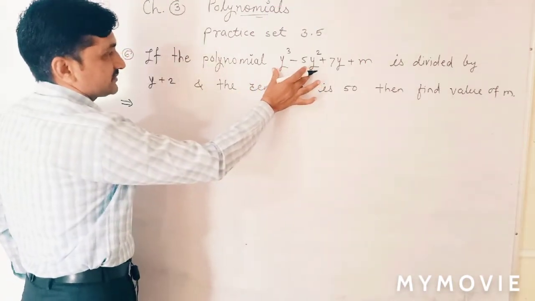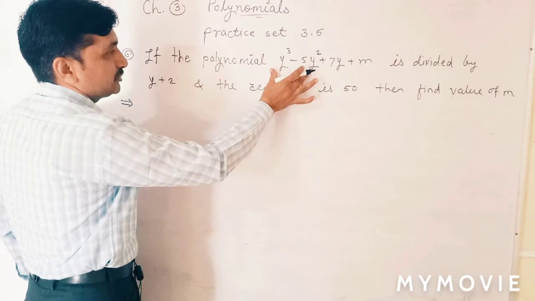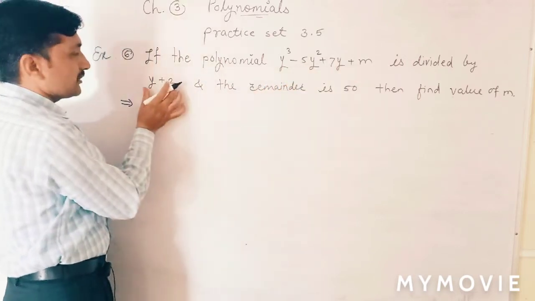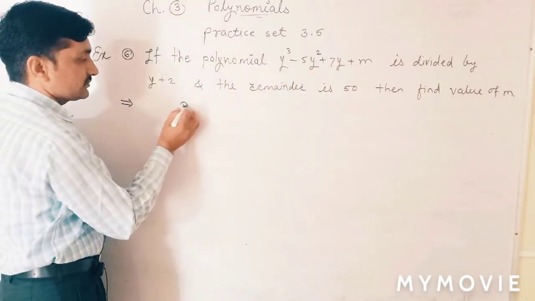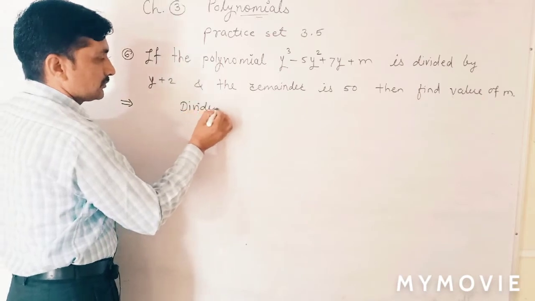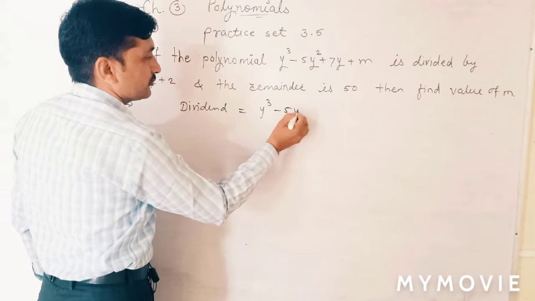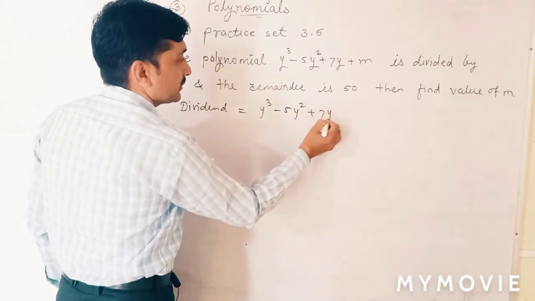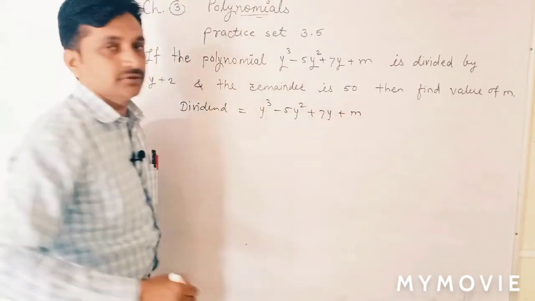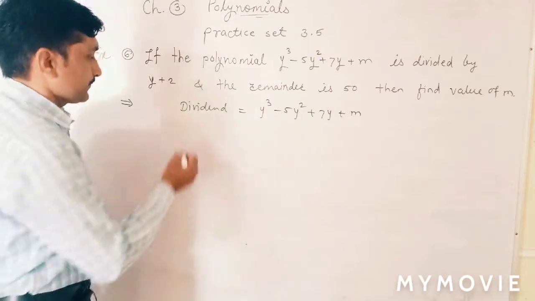Here the dividend is the polynomial p of y divided by y plus 2. I write: dividend is y cube minus 5y square plus 7y plus m. This is the polynomial.